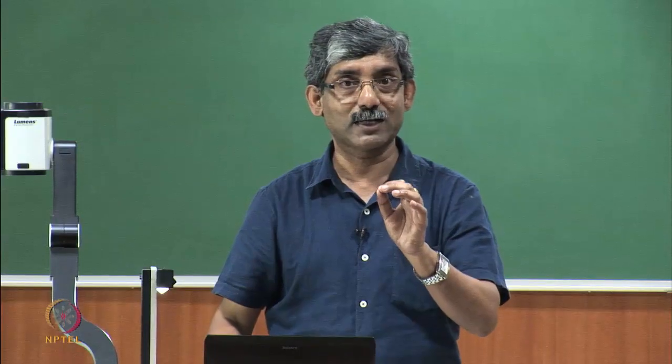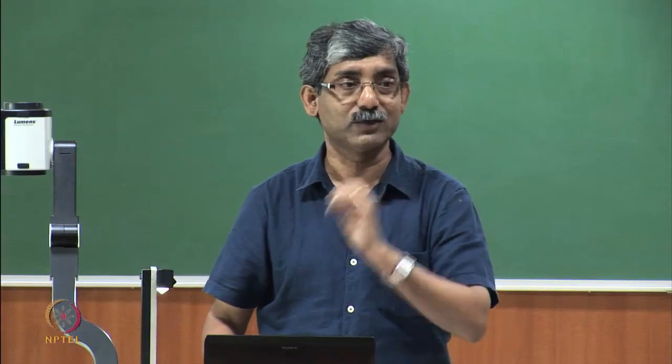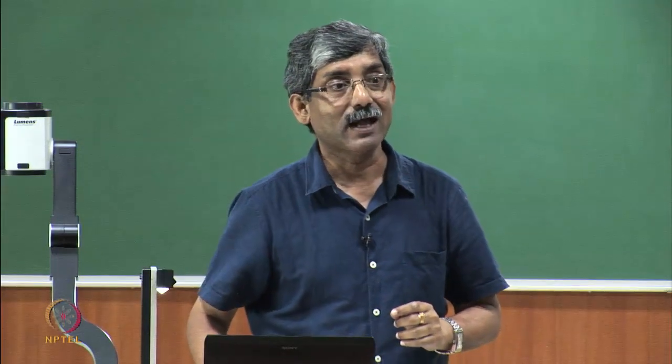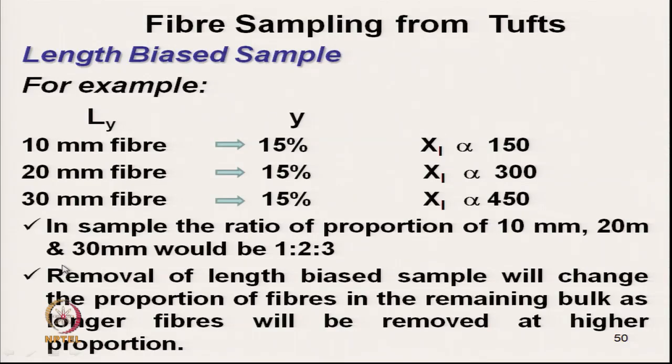It has become 1:2:3. That means the 30 millimeter fiber has got 3 times the probability of the 10 millimeter fiber due to the length. So, that is length bias sampling. It is a multiple of the fiber length and the proportion in the bulk.